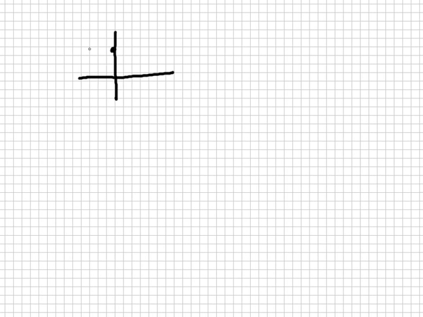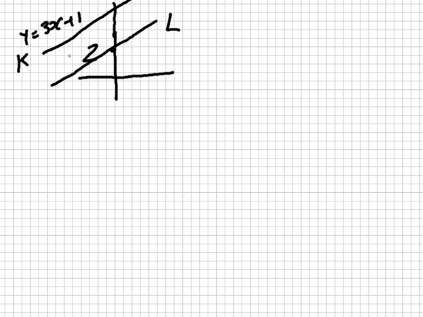6 from page 8. So you have the line L intersects the y-axis at 2. So there's the line L, and it's parallel to the line K, which is y equals 3x plus 1.